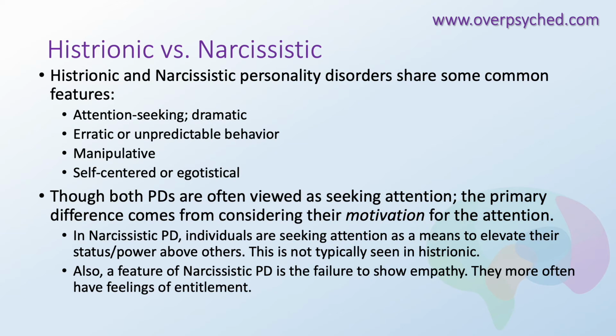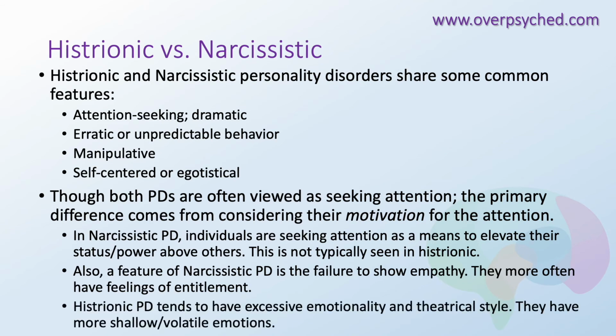In histrionic personality disorder, individuals tend to have excessive emotionality and theatrical style. They have more shallow or volatile emotions compared to narcissistic personality disorder. So both of these personality disorders are listed under Cluster B, and they share many common features. But identifying these differences may help you differentiate between the two diagnoses.